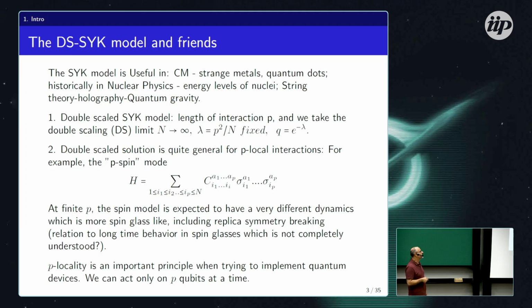Even though at finite p this has very different and interesting spin glass dynamics, with replica symmetry breaking. If people are interested in the relation to spin glass, there's an issue in spin glass physics, which is what's the long time behavior.